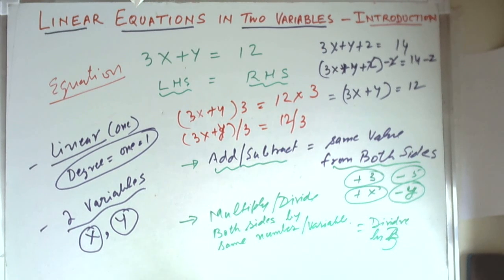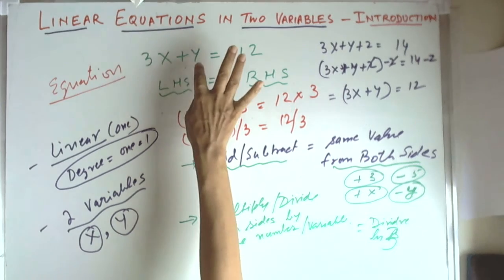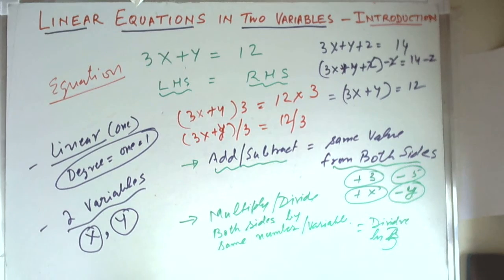When we say solving the equation, basically we need to find out the value of x and y. What are the applicable values for x and y? And we apply the rules which we have studied here for solving this equation, which we will learn in the subsequent videos. So in summary, we have seen what a basic linear equation in two variables is, and what the basic principles of equations are.